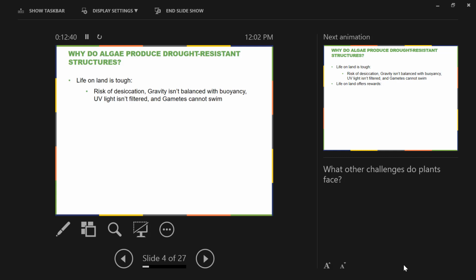Well, if you just want to lay passively on the ground, it's not challenging at all, right? But if you want to actually be able to stand up against that gravity, it's tough. The sunlight isn't filtered, right? You're getting the full force of sunlight, not just the full amount of visible light, but the entire electromagnetic spectrum. You're getting it all. There's nothing to filter out some of that.